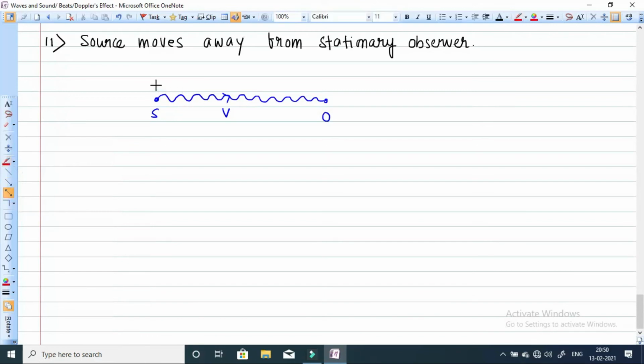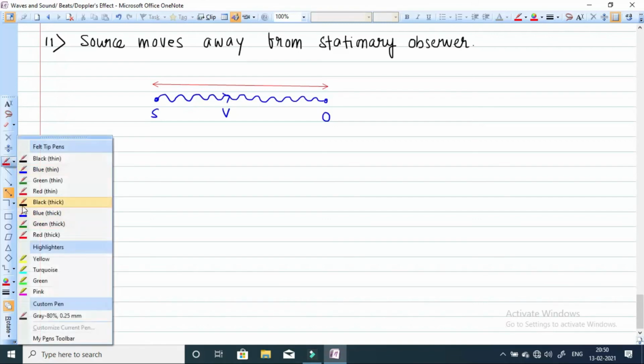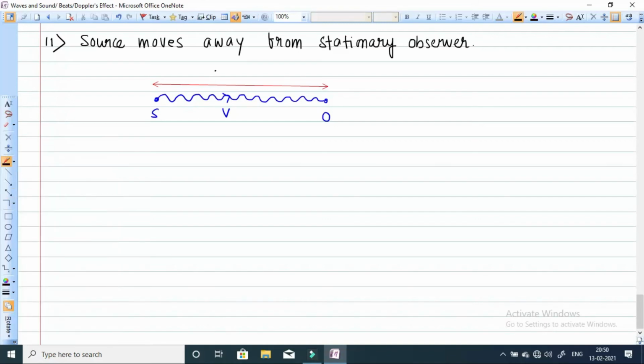Here we can calculate this distance. Suppose in 1 second f number of waves are sent out from this source S and reach point O. Then how much distance will they travel? When both source and observer are stationary, this distance will be equal to v into 1, that is v simply.